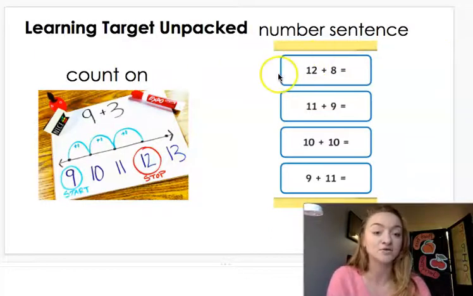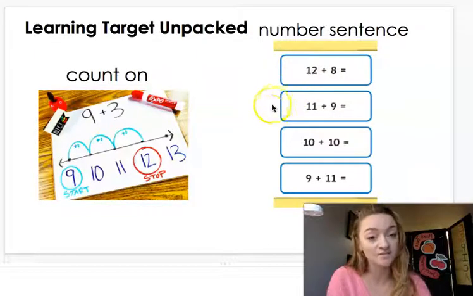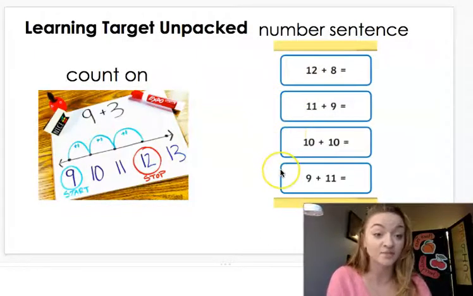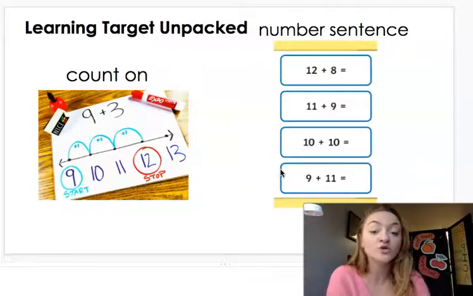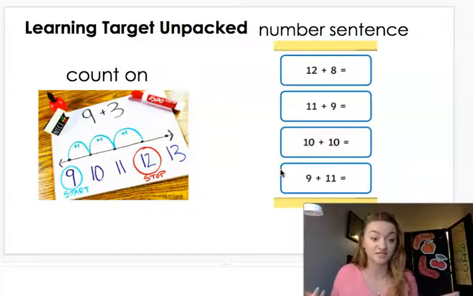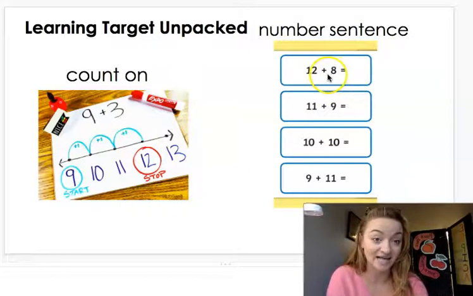And I want to remind us, friends, that even though all of these number sentences are addition number sentences, right? They're plus number sentences. We could also make subtraction number sentences, right? We could have a minus sign here. That would also be a type of number sentence.